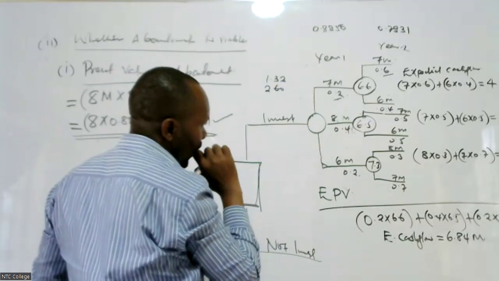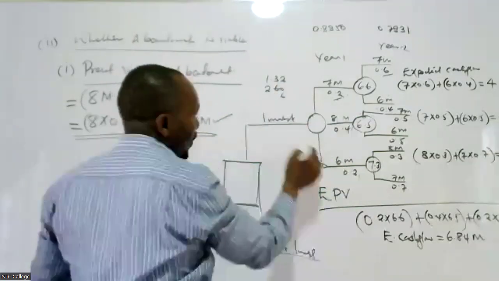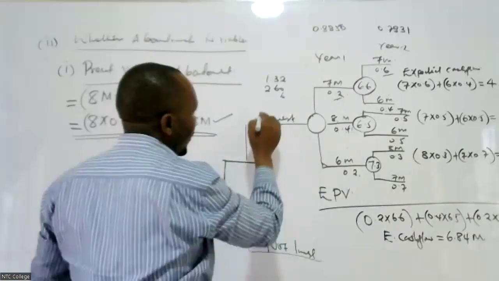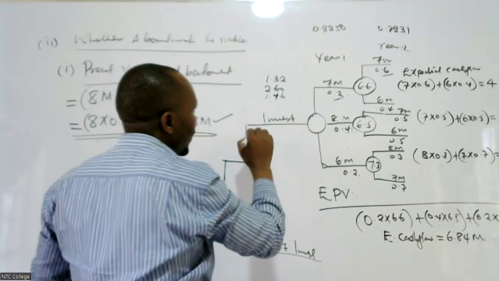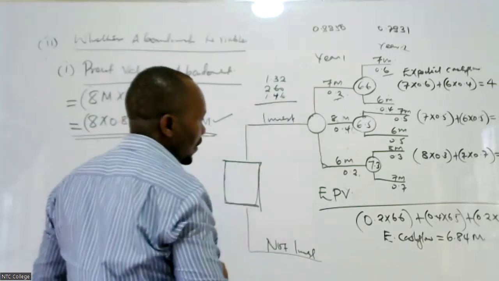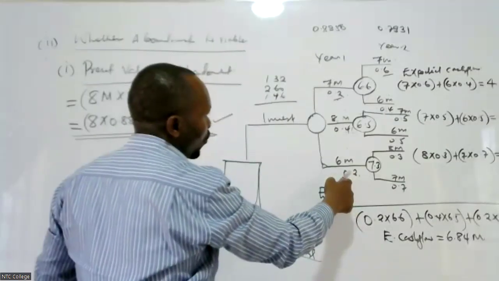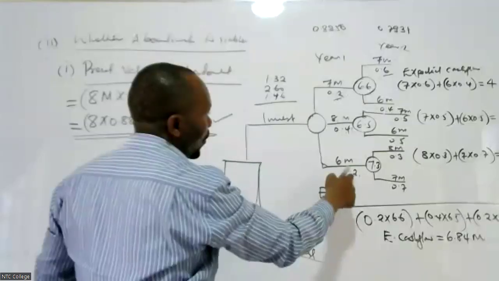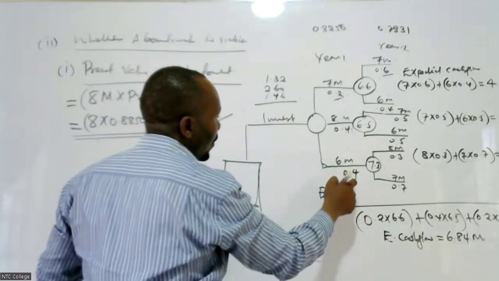This one 2.4, so that's 2.6. This one is 6 times 0.4, so that is 1.4. The last one is 0.4 times 7.3. Is it 0.4 or 0.2? From the paper it was 0.4.